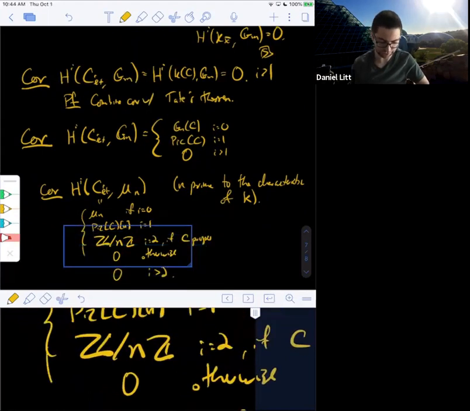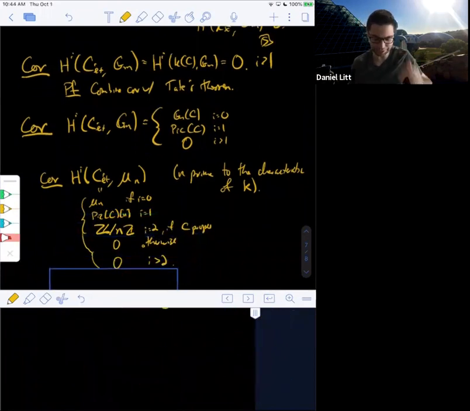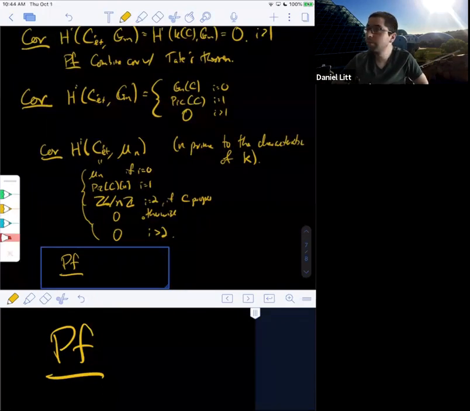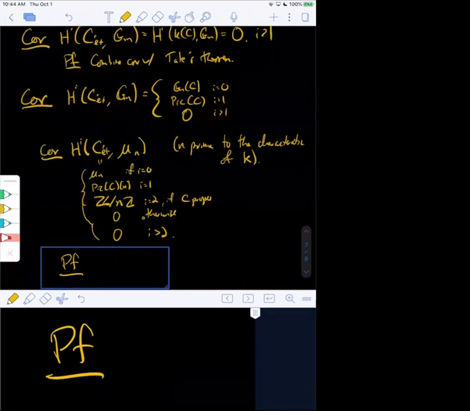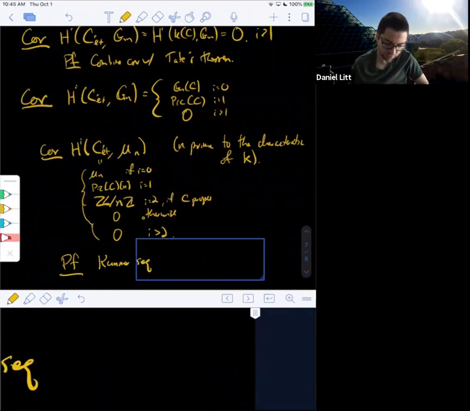So let me extend my brackets downward. All right, can anyone tell me how to deduce this from the previous corollary? Use the Kummer sequence. Yeah, this is precisely the Kummer sequence: 1 to mu_n to Gm to Gm.